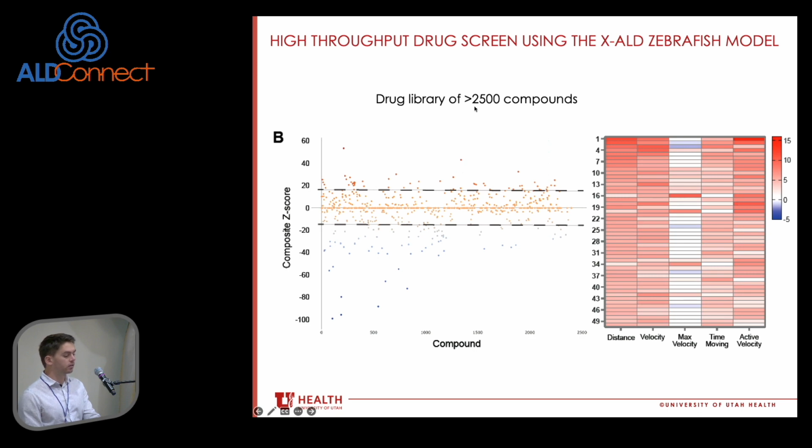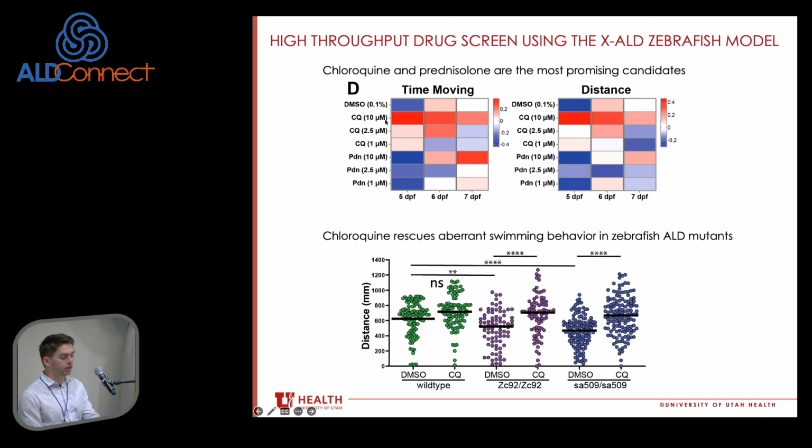And so we tested a drug library of about 2,500 compounds, measuring 5 different variables based on this behavior recording, and we selected the more promising compounds for a rescreen. And after this rescreen, we happened to identify chloroquine and prednisolone, which happen to be the most promising candidates.